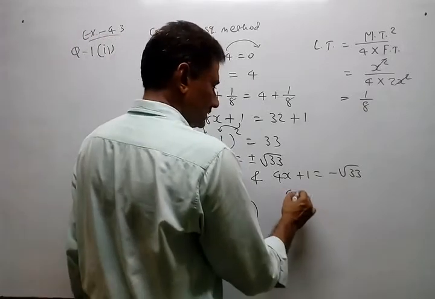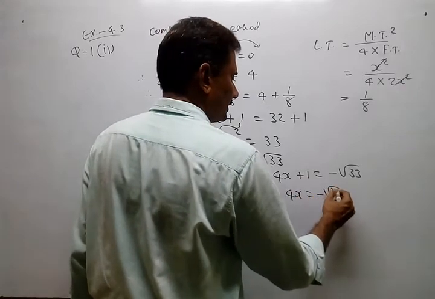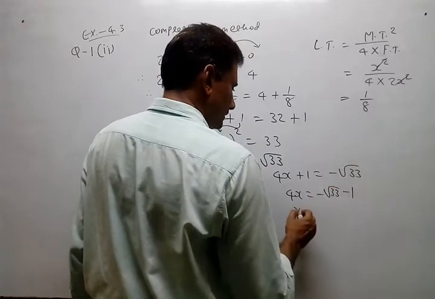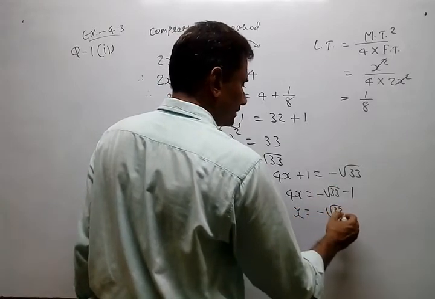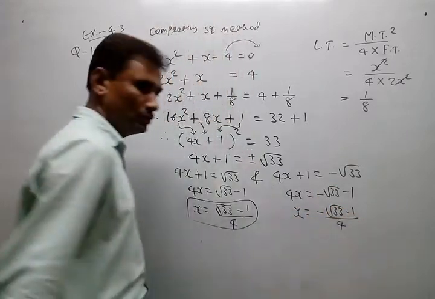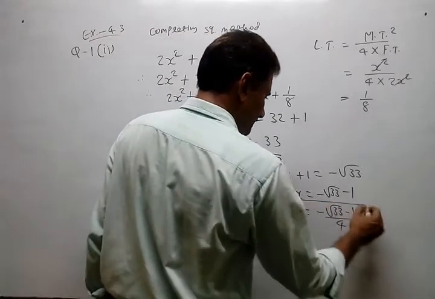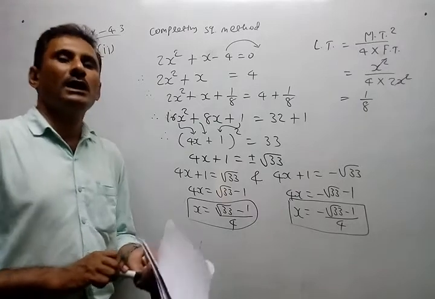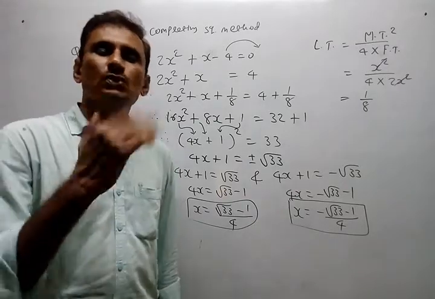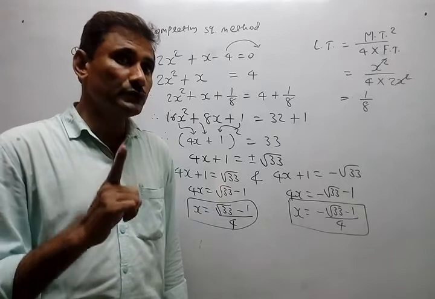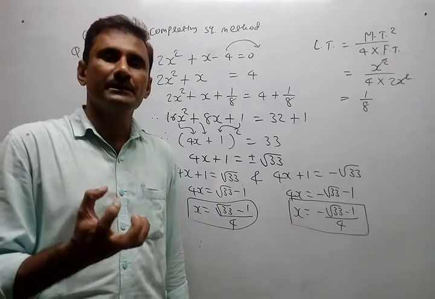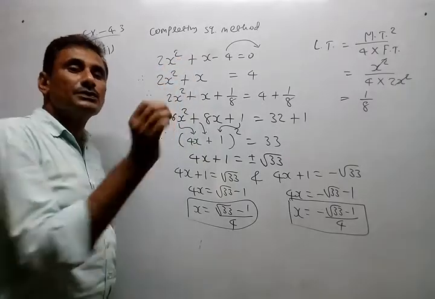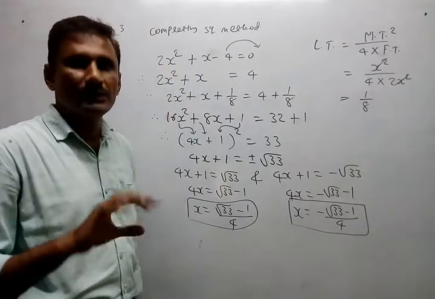Now 4x equal to minus root 33 minus 1, so in the next step x equal to minus root 33 minus 1 upon 4. This is our second root, the second solution. And you know, a quadratic equation has mostly two solutions, but I am saying mostly, not always, because the rule is that the maximum number of roots is equal to the degree of the equation or polynomial.